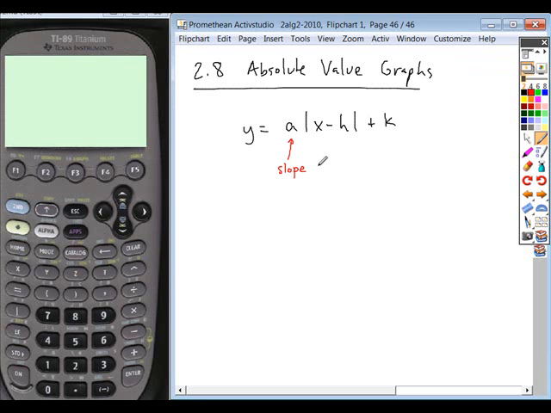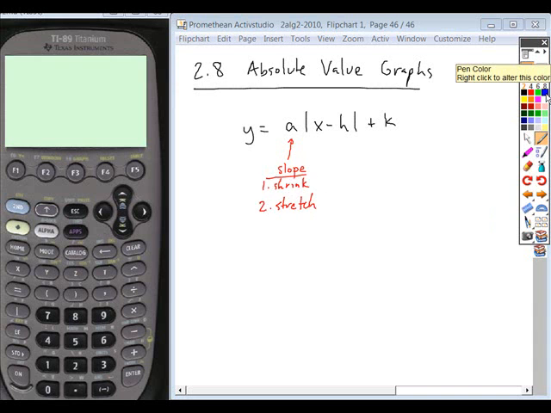Okay, the a is the slope. This is going to shrink or stretch your graph. Okay, and it's going to shrink or stretch based on a couple things.